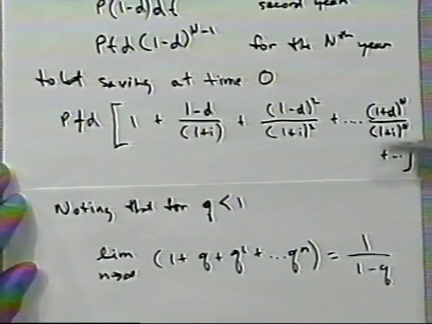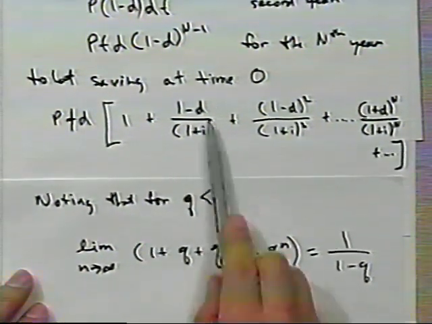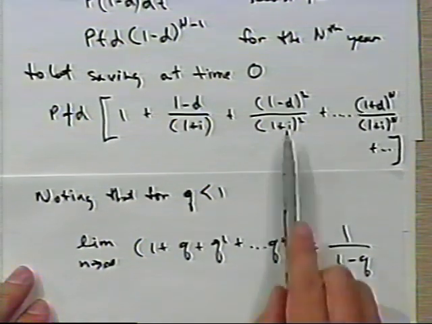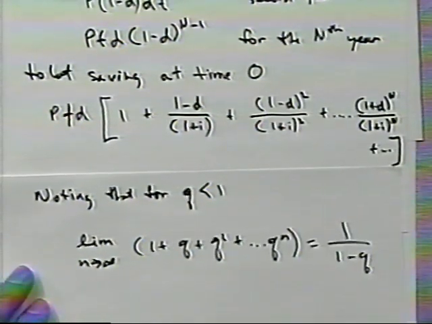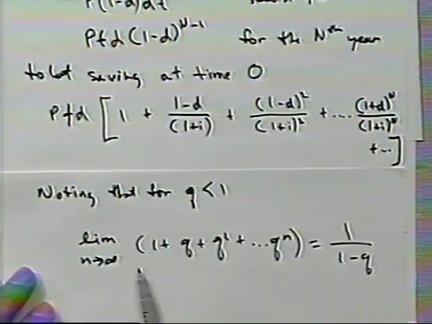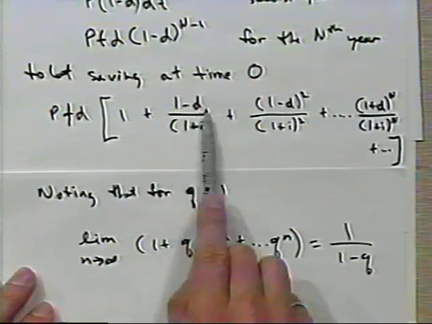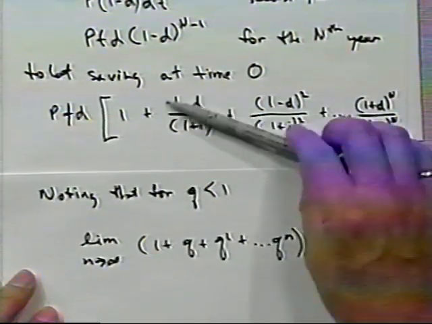Now, the pattern of these series are identical. We have the 1 here. If we call this q, then this is in fact q squared, because both numerator and denominator are squared. And this is an infinite series, as this would be as n goes to infinity. So we can take our (1 minus d) over (1 plus i) and substitute it for q as long as q is less than 1, as long as this expression is less than 1.